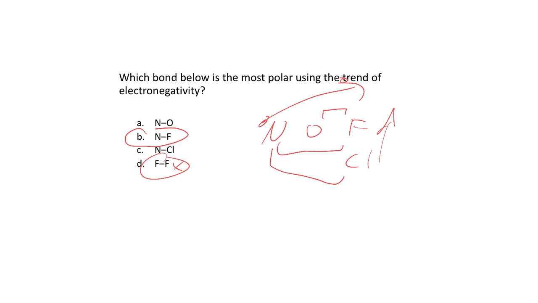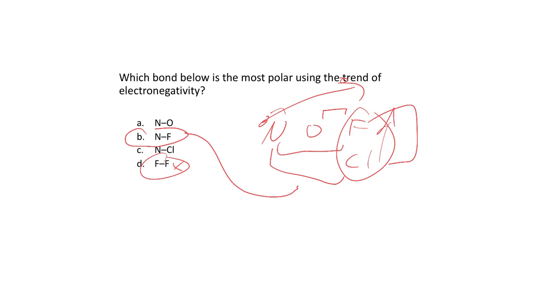In fact, if we had asked about NF versus ClF, that's actually a tricky question. If we had added in FCl, its difference in electronegativity is about the same as the NF difference. So the NF difference is about the same as the ClF difference.